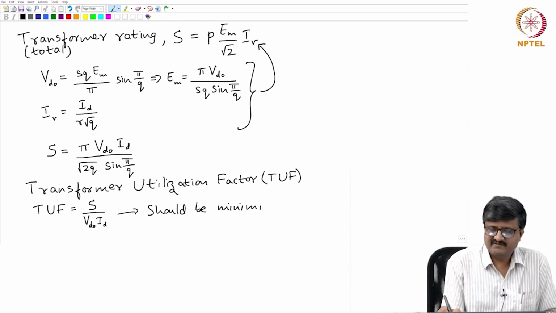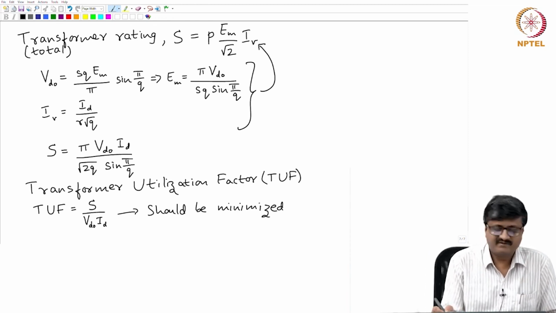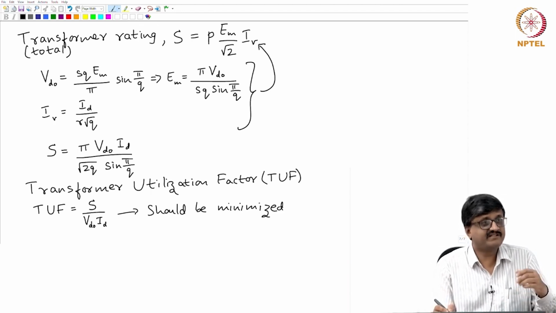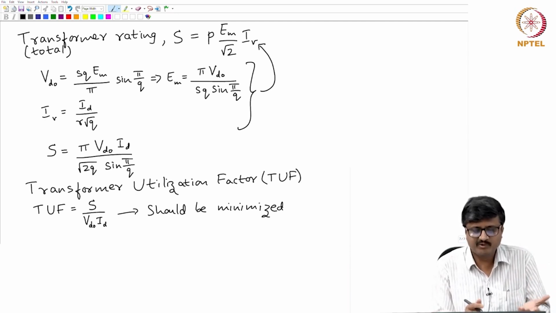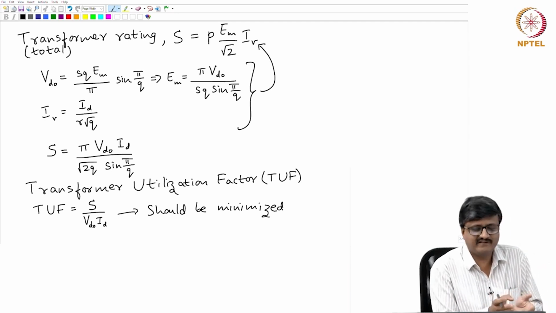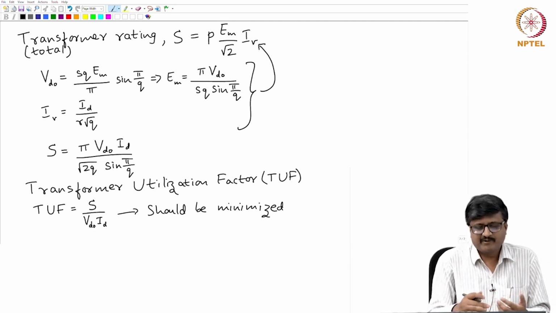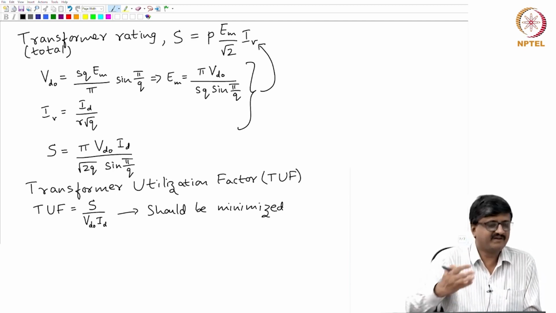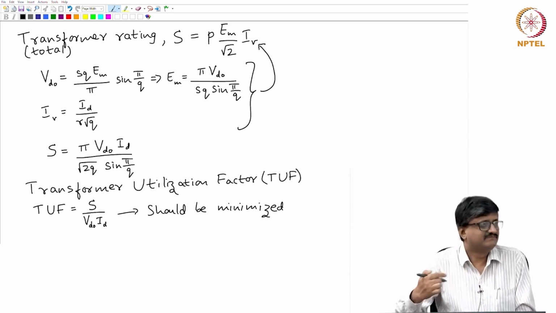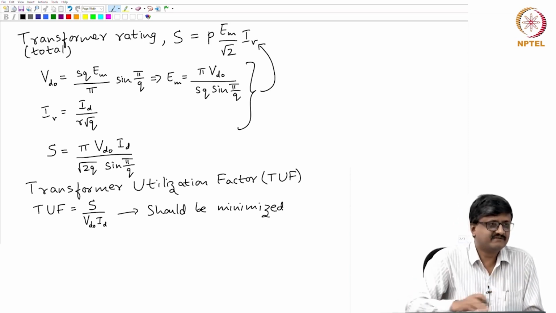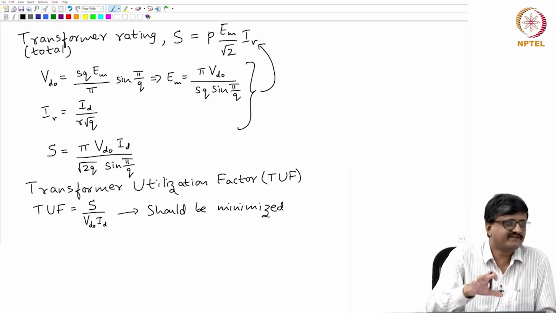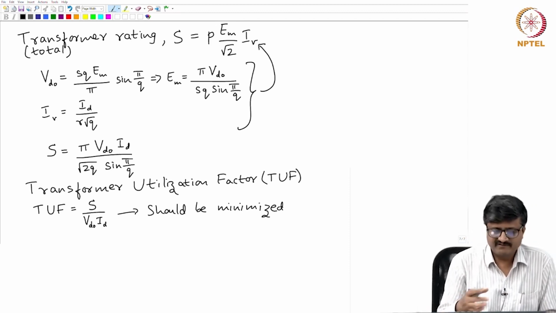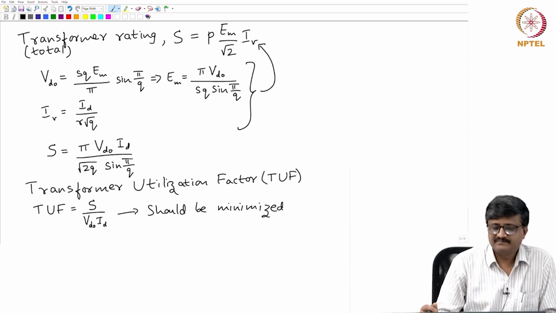Again there is a possible confusion here, because when I say transformer utilization should be maximized, the utilization factor itself is so defined that it should be minimized. One could have avoided this confusion by taking the reciprocal of this. Instead of taking S by VDO ID, I could have taken the other way, but I do not want to deviate from what is given in the standard references. So, I am just following what is already done by others, because otherwise when you read you may get confused.